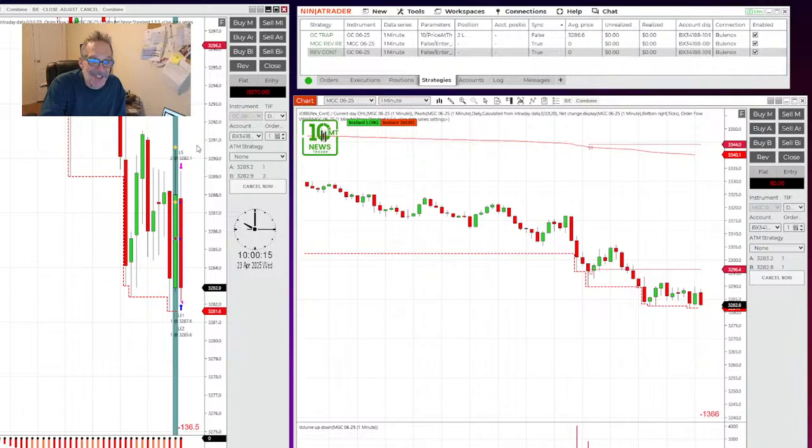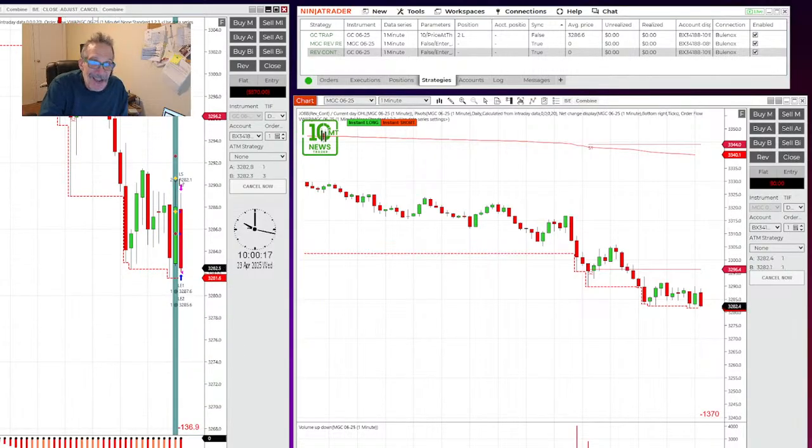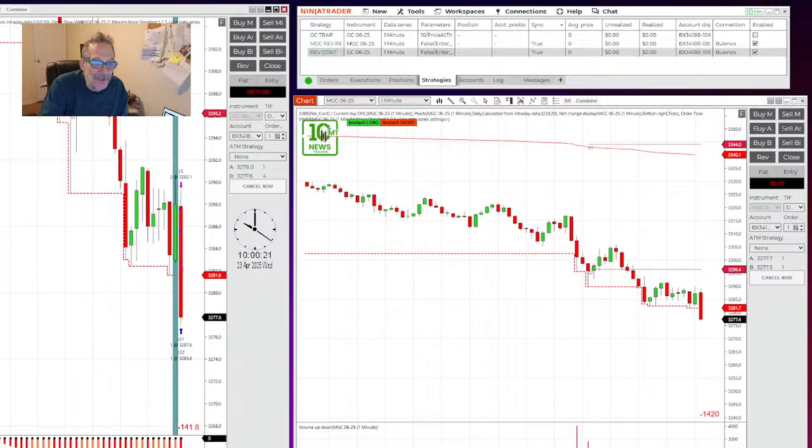Oh my God, it just blew down to the downside. I did not want to get filled to the short side. Taking a reverse continue.